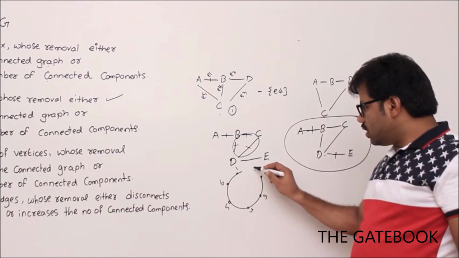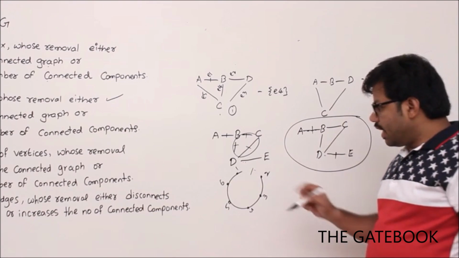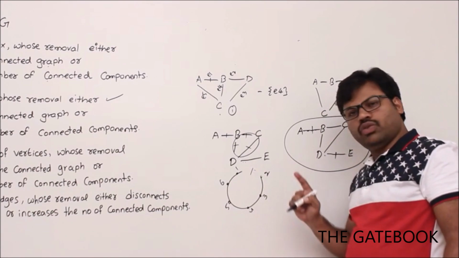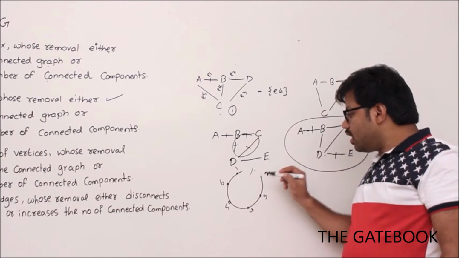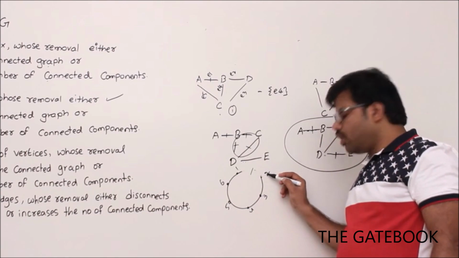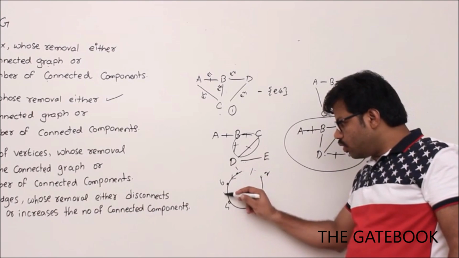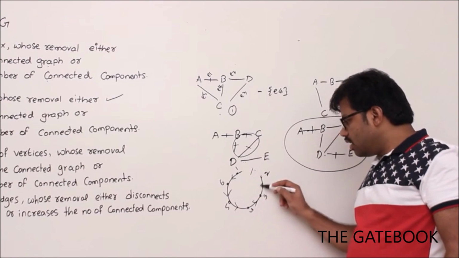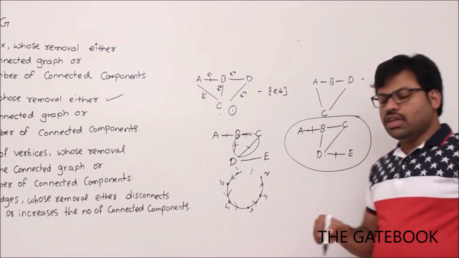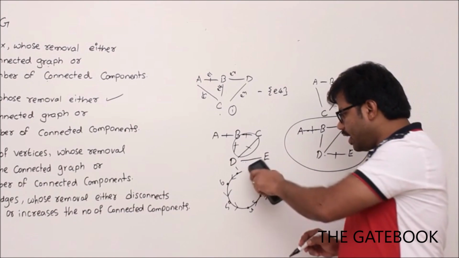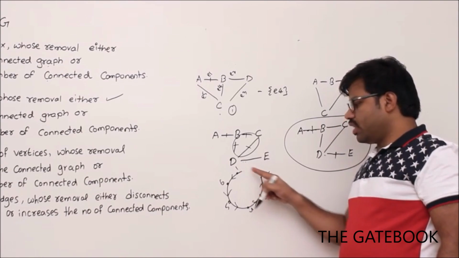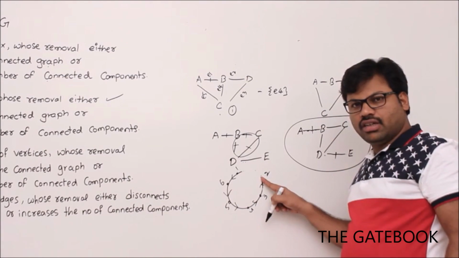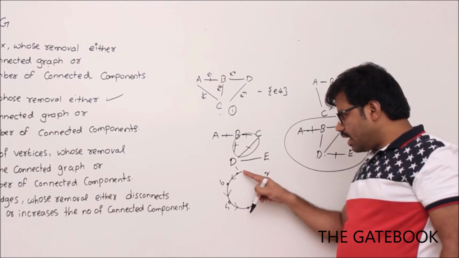That means this removal of an edge can disturb only the path from 1 to 2, correct? So the remaining paths still remain the same. Then the only thing we have to prove is that there is a path between 1 and 2. Yes, there is a path from 1 to 2 in the reverse direction, the anti-clockwise one. So whenever there is a cycle, if you remove any edge, then that can at most disconnect two vertices, 1 comma 2, correct?